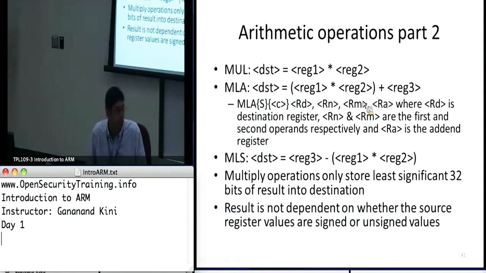The third register, which is referred to in the manual as RA, is called an addend, the addition operand. And multiply with subtract is MLS, and it takes the first two registers, multiplies them, and then subtracts the result from the third one.